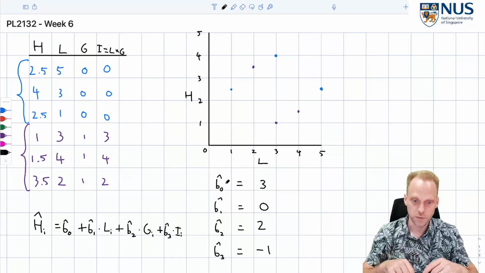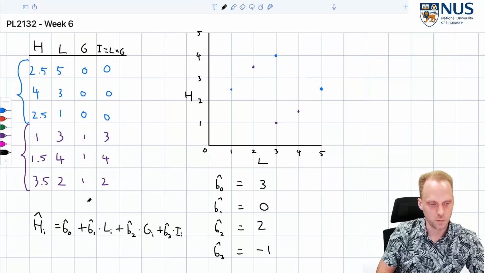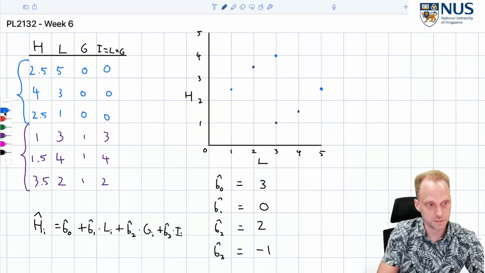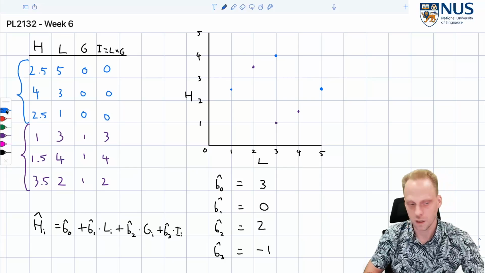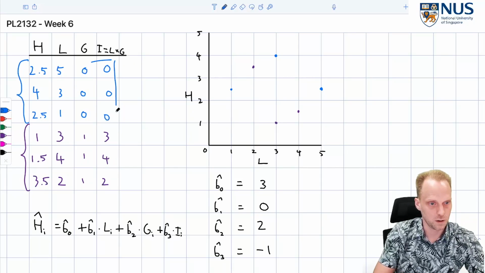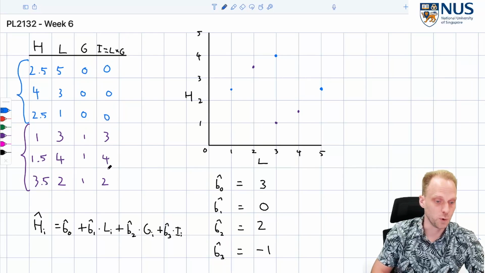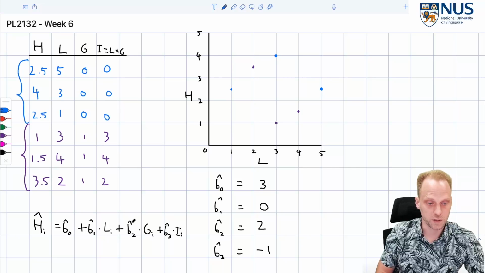So what does this mean? So we can see that if you have hamsters, again, these are a lot of zeros, right? A lot of zeros. So this model is relatively simple. Anytime we see G or the interaction effects, it just drops out.